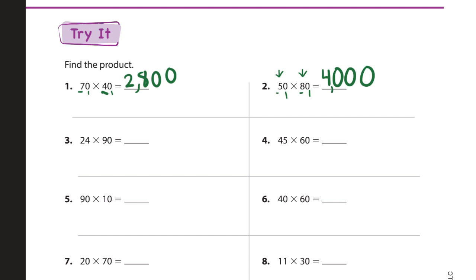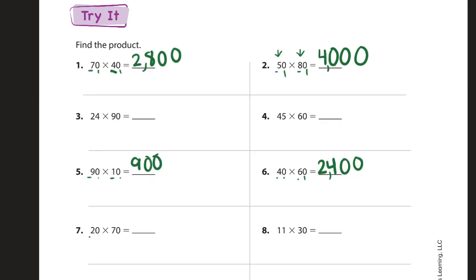All right, number 5, 9 times 1 is 9, and then I add my 2 zeros. 900 is my answer to 90 times 10. 4 times 6 is 24, and I add my 2 zeros. So my answer to 40 times 60 is 2,400. 2 times 7 is 14.